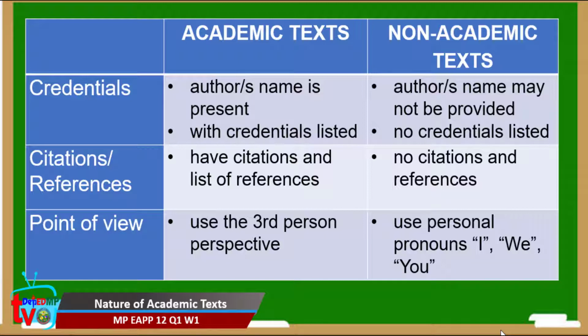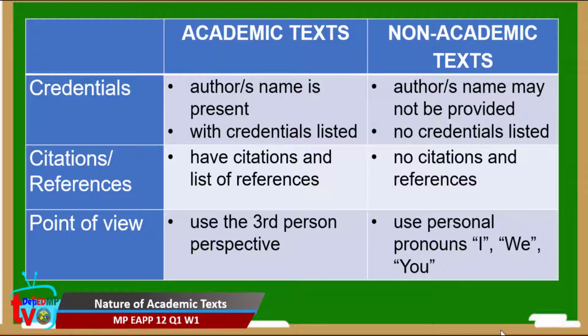Academic texts have citations and lists of references that indicate where the author obtained the information he or she is using in the text. Non-academic texts often do not contain citations and references. There are no references where the author obtained the information.